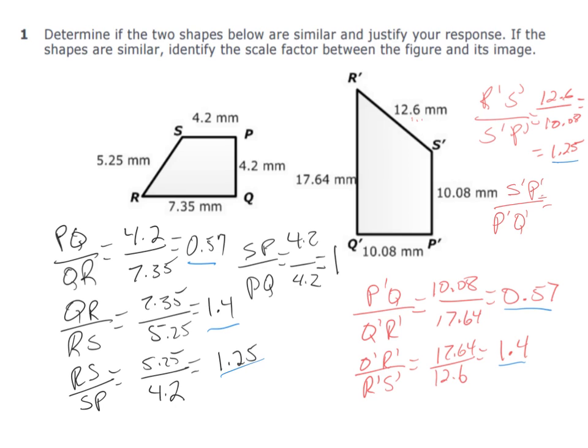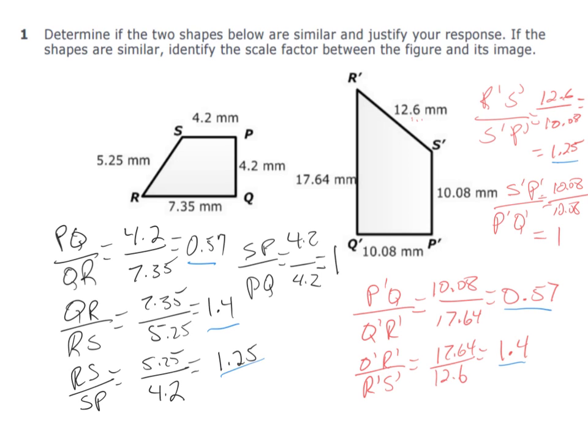All right, now I will get 10.08 divided by 10.08, and then we know that that's going to equal 1. So we can go ahead and check again, check our SP and PQ, and we got 1, and we got 1 there. So what we have done is we have proved that these shapes are similar.